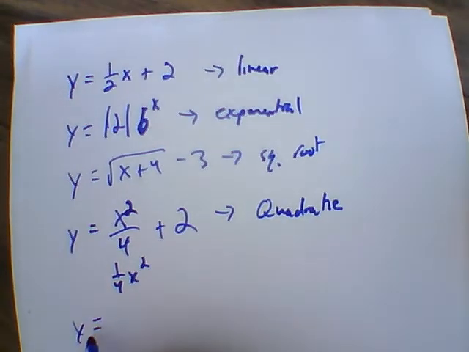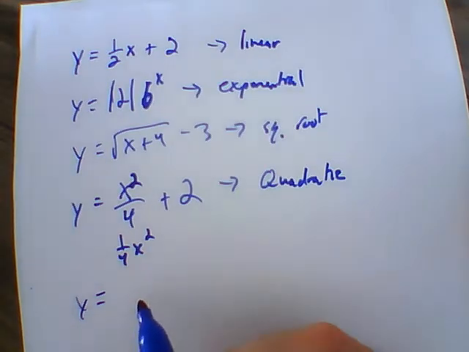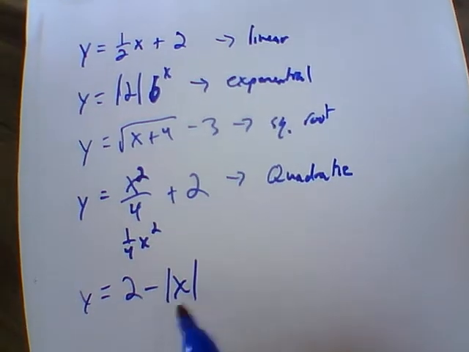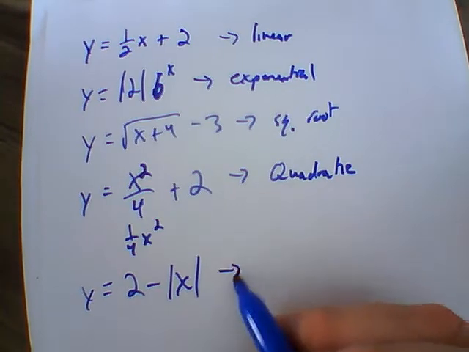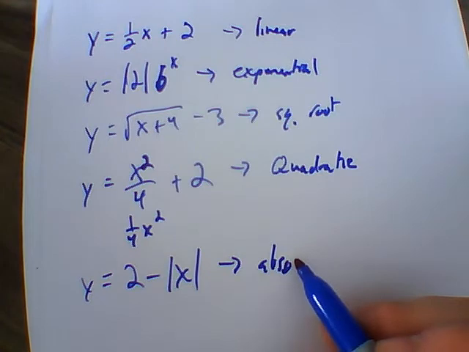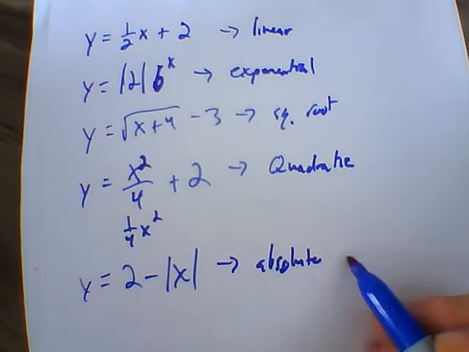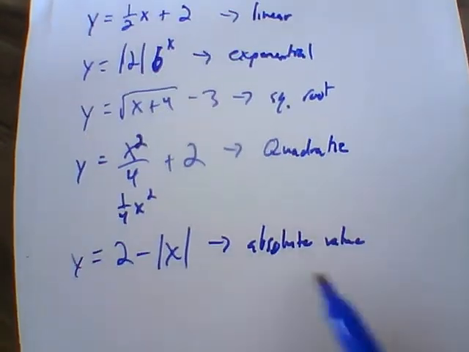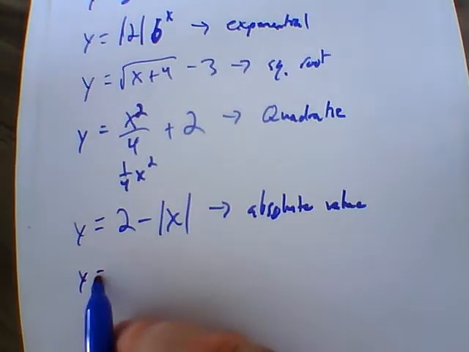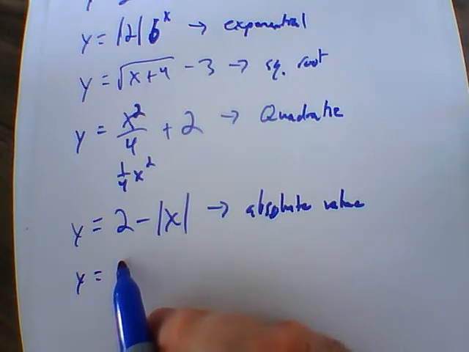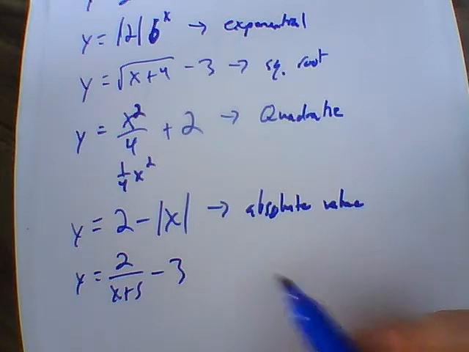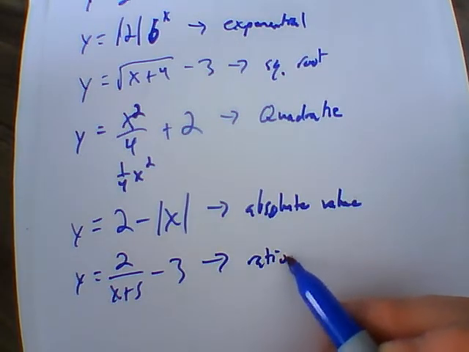If I said we have y equals 2 minus the absolute value of x, now we have our absolute value function, because once again, the absolute value is around the x. And then if I said y equals 2 over x plus 5 minus 3, this is our rational.